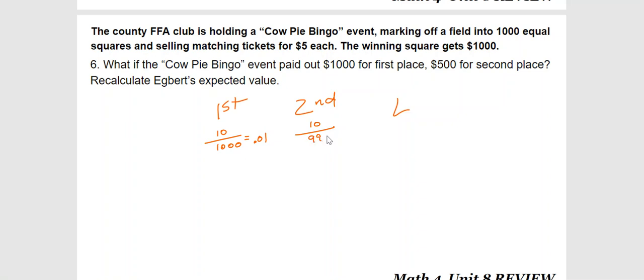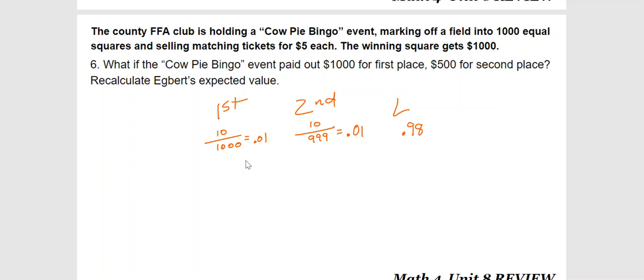Now there are 999, so the decimals run 0.01001001001 and so on. It's a little bit more, but not by much. And so if that's 0.01 and that's 0.01, then this has to be 0.98. That's that adding up to 100% thing that we talked about.